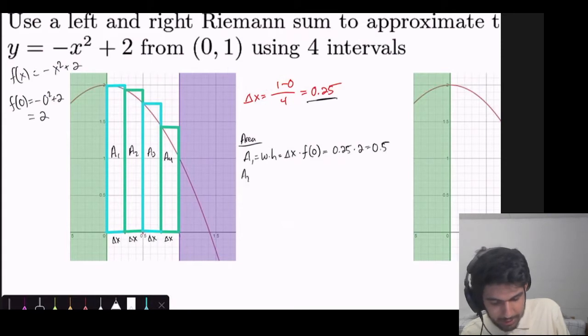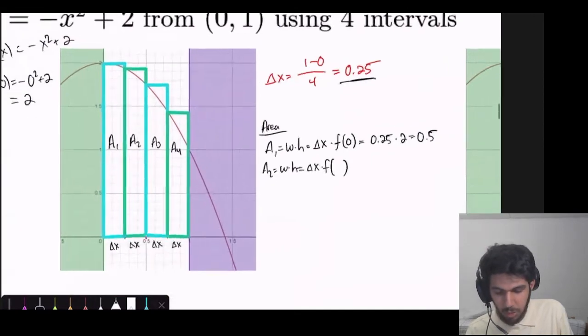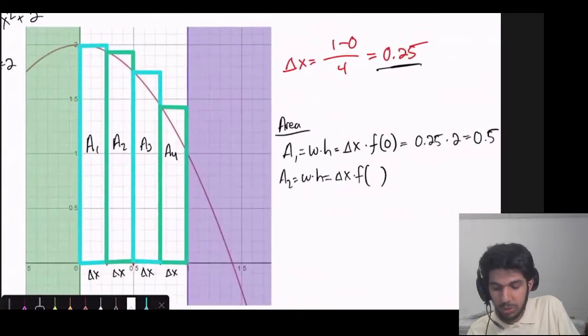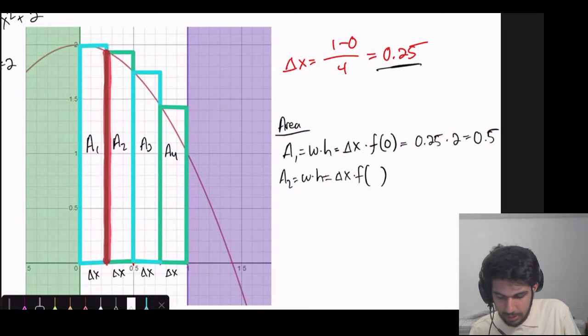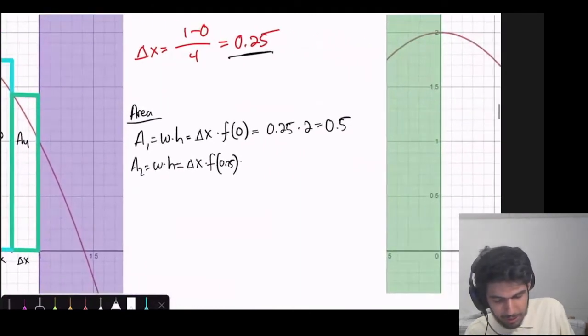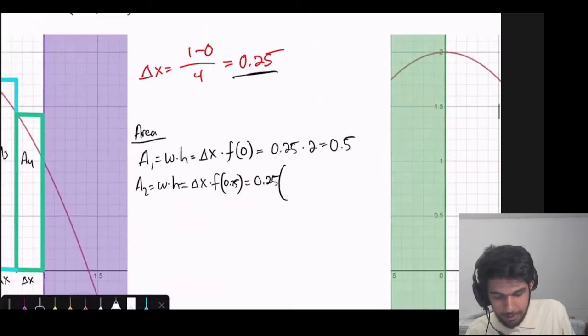Let's do A2 next. Width times height equals delta x times f of something. What is that something? We look at the left-hand corner because that's where it touches the function. If we follow that down, that is right here, which is 0.25. So we want f of 0.25. So this will be equal to 0.25 times f of whatever it was.